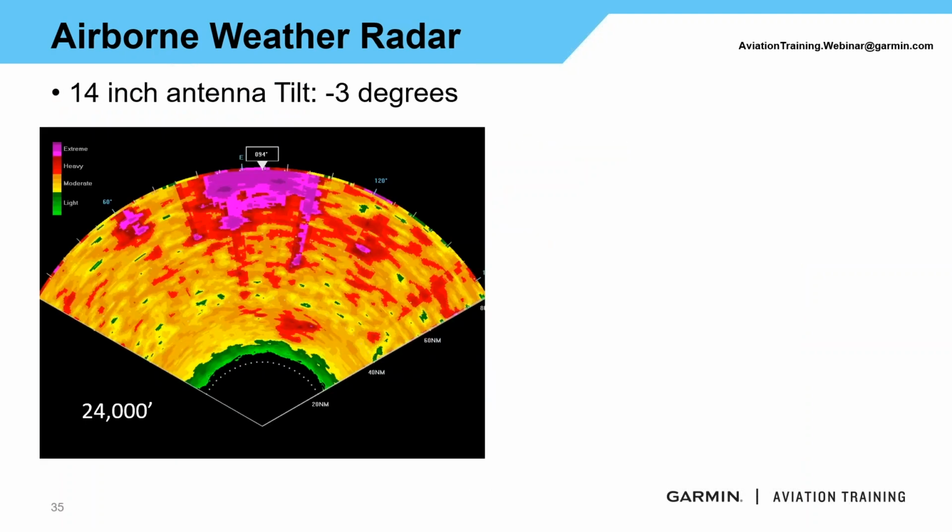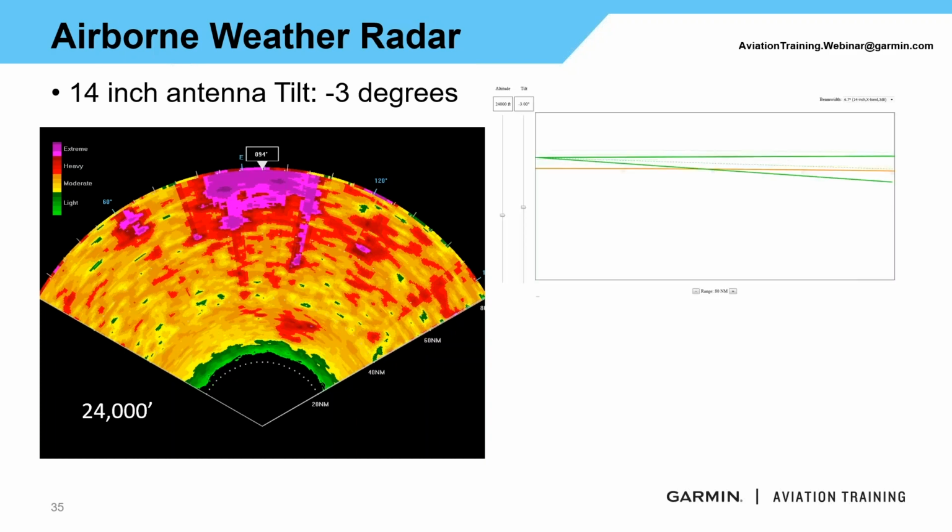All right, here is an example of our 14-inch antenna, and we're going to go through starting low and tilting up. It's a great example to see what your beam energy is doing: the published beam width and the additional beam energy, and how you can see on the screen where your beam is hitting the Earth at any given point. So we're at 24,000 feet.